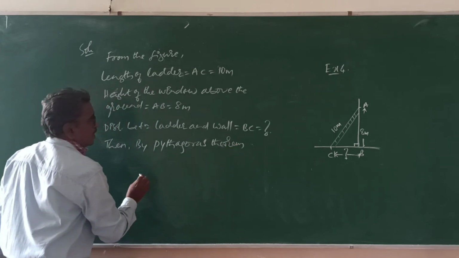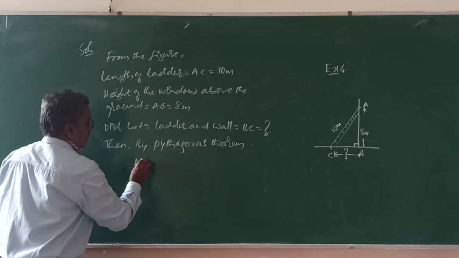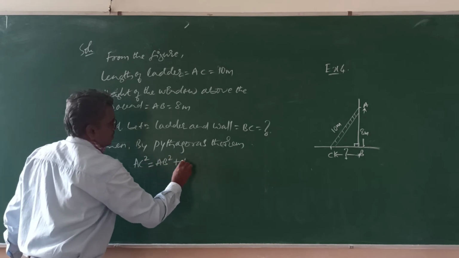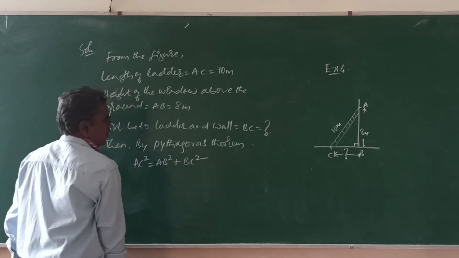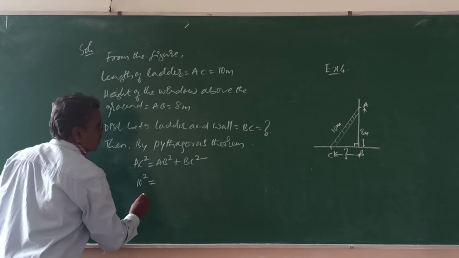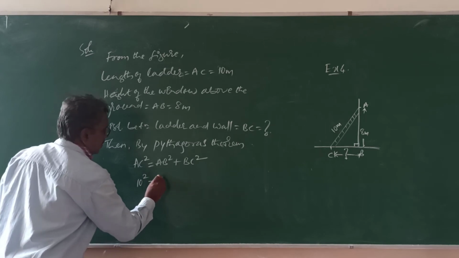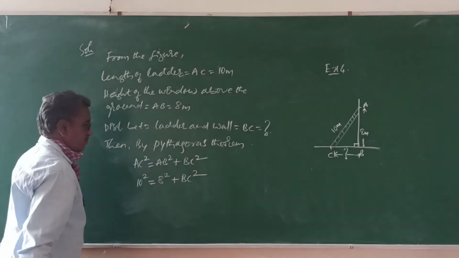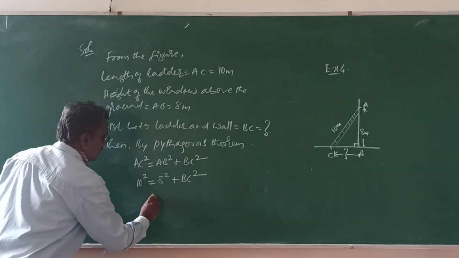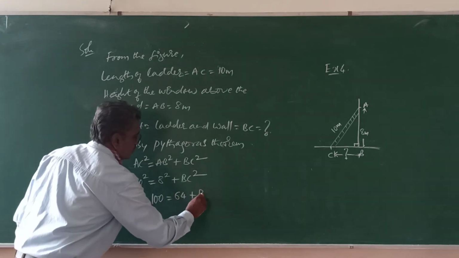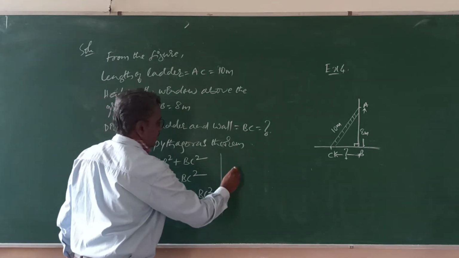Pythagoras theorem tells that AC square is equal to AB square plus BC square. AC square means 10 square, AB square means 8 square, plus BC square. We are going to calculate. Therefore, 10 square is 100, that is equal to 64 plus BC square.